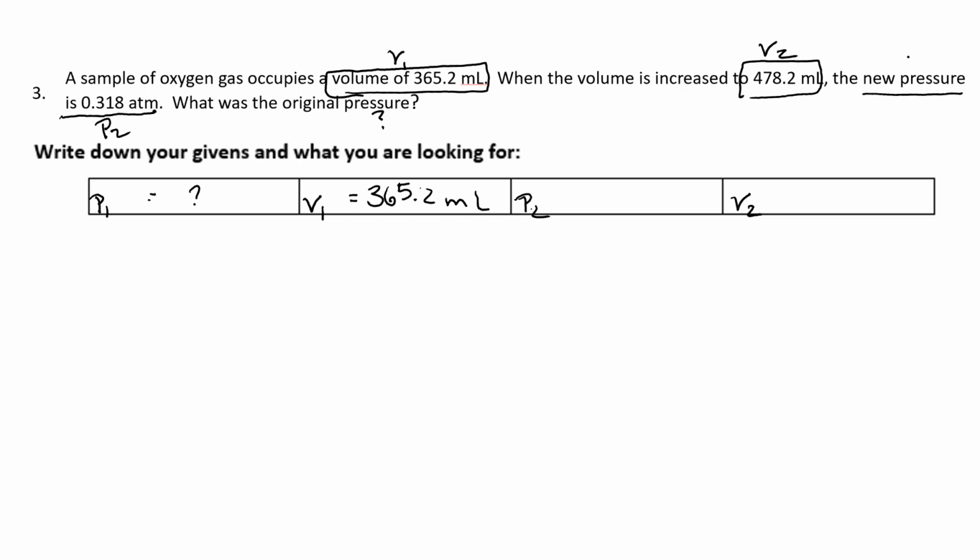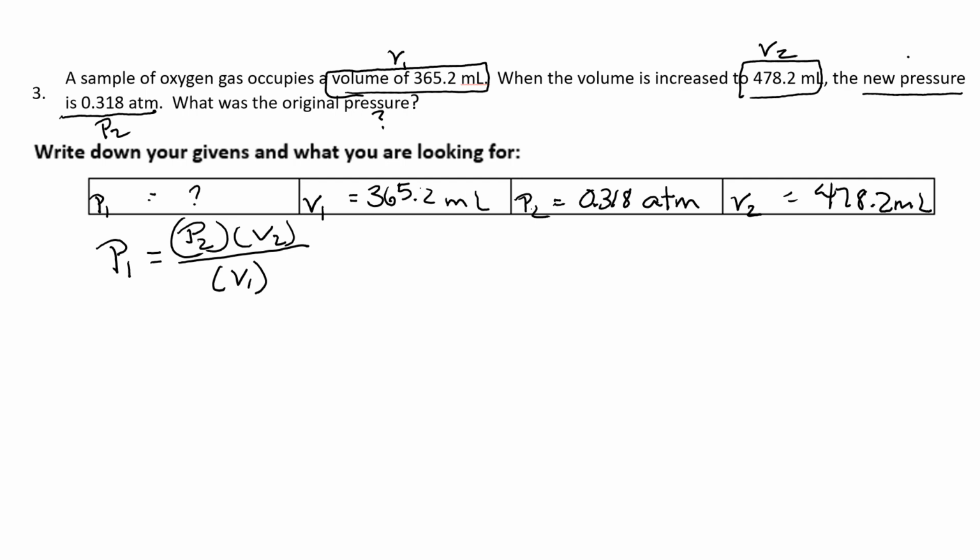Our second pressure was 0.318 atm. And our second volume was 478.2 milliliters. So our formula, P1 is equal to P2 times V2 divided by V1.